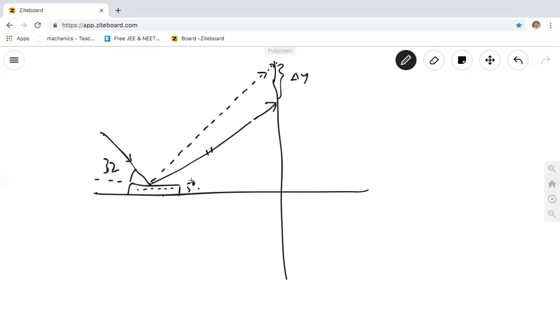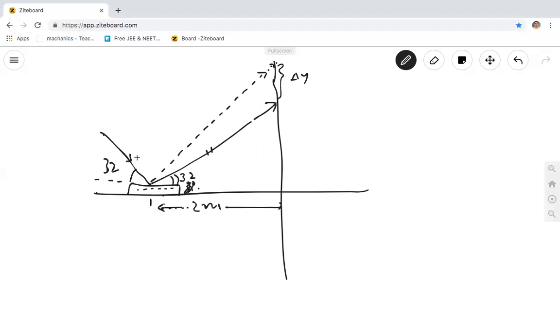Now please tell me, if this is 32, what is this angle? And what is this distance? Is it 2 meters? Yes, the distance is 2 meters. If this is angle 32, what is this angle? 32. Good. Because the incident angle is equal to the reflected angle. This angle is equal to this angle.